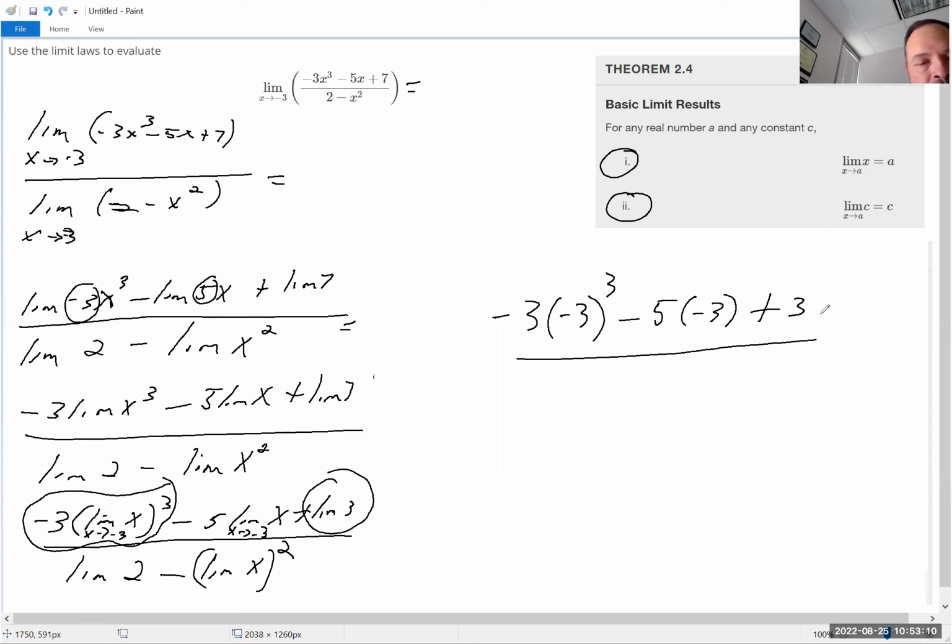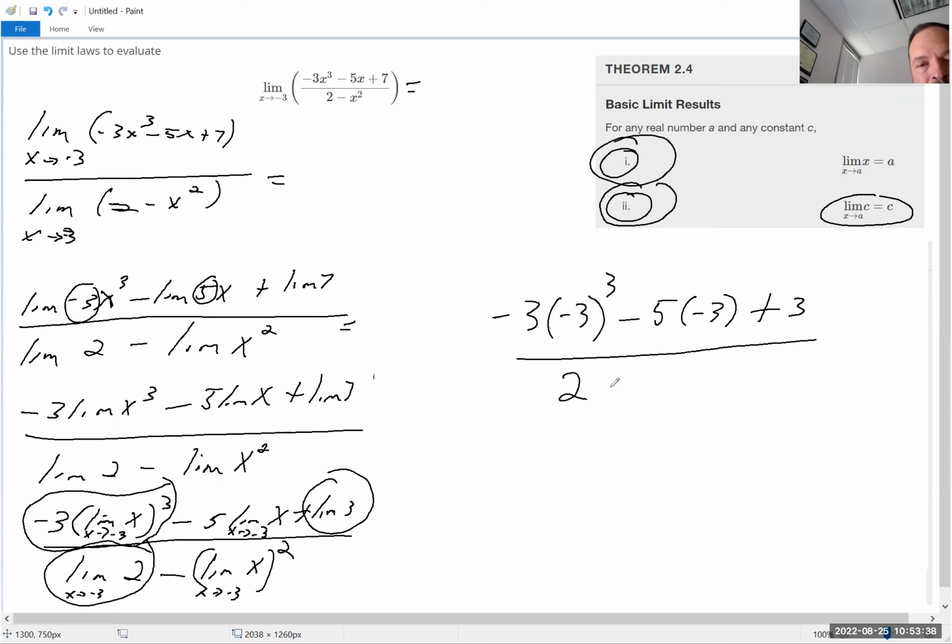And we're almost there. This will utilize this rule. So this is going to be a 2. And then I'm going to utilize this rule.